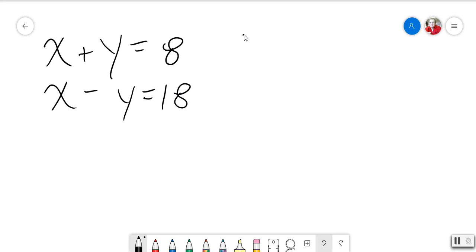These are both in the format ax plus by equals c, the so-called standard form, which in the past I've told you is not very useful, except for finding the x and y intercepts, and also for solving a system of linear equations. We're trying to find the point at which these two lines cross.